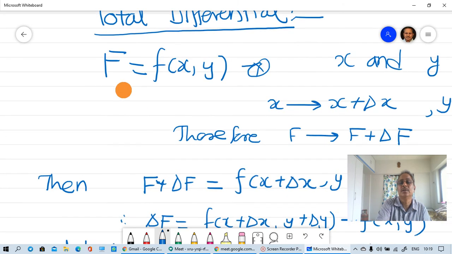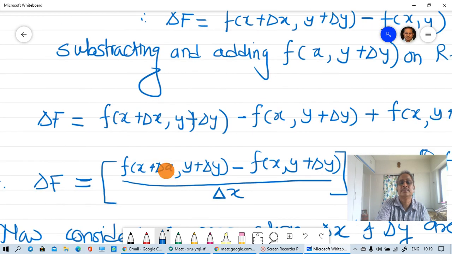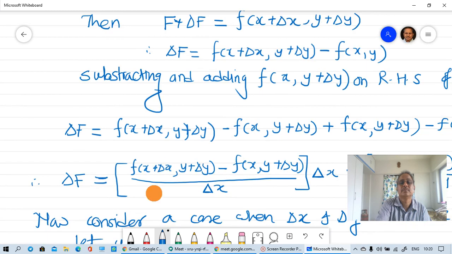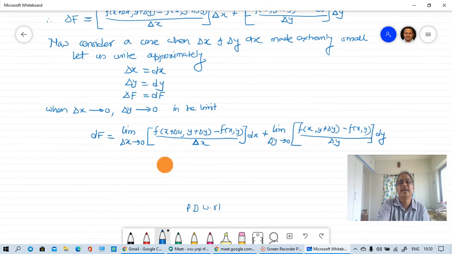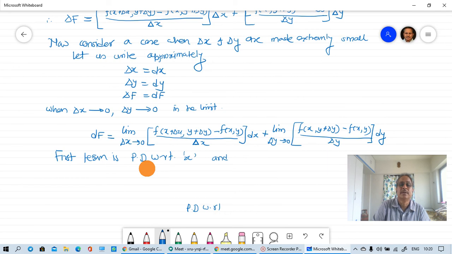So the first term in the bracket is the partial derivative with respect to x, and the second term in the bracket is also a partial derivative, with respect to y.